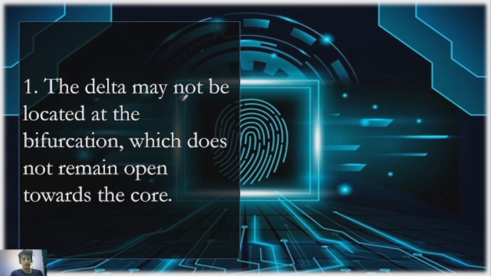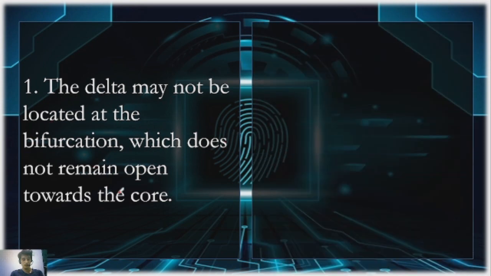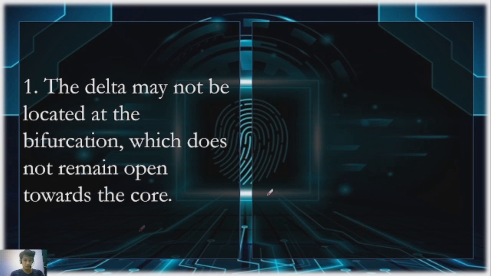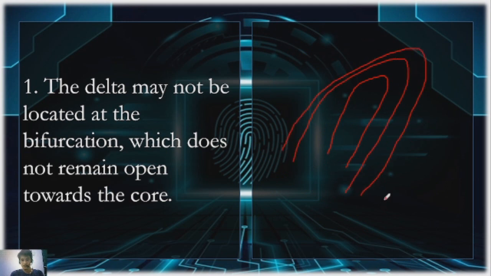So it says here the delta may not be located at the bifurcation which does not remain towards the core. So let's say in this pattern, we have here again a loop. Okay? And then it's the bifurcation in here. Okay, so let's say this is our, let's make a better illustration here. Okay, so let's say this one.